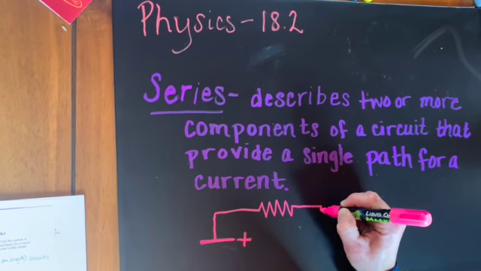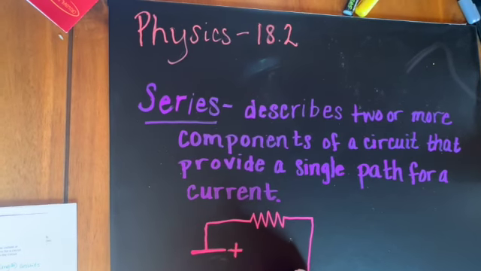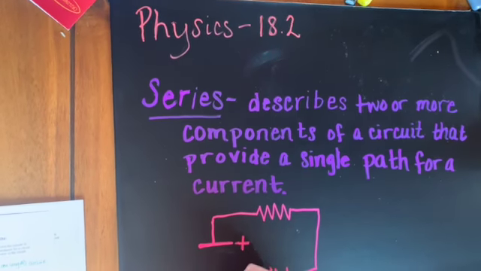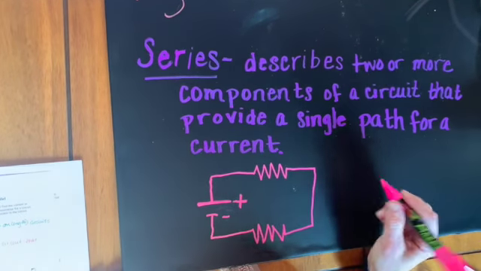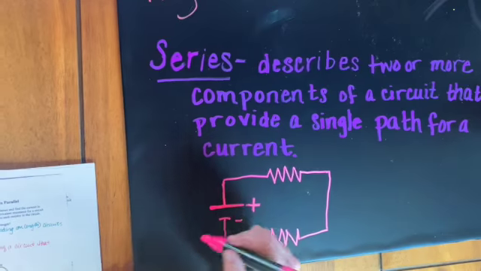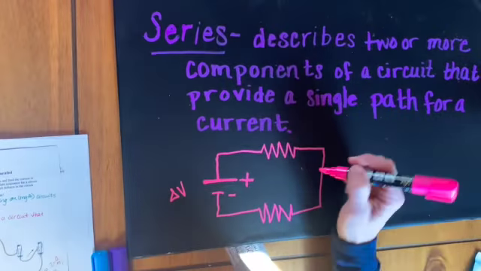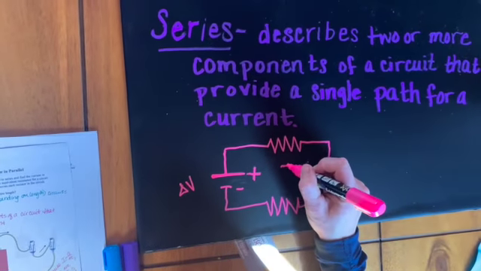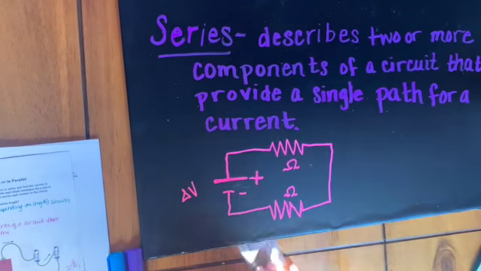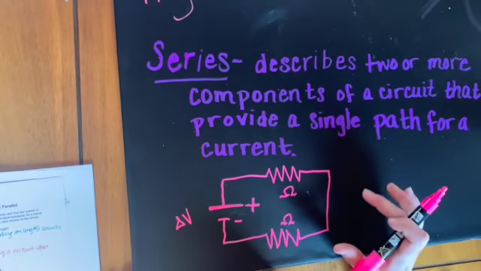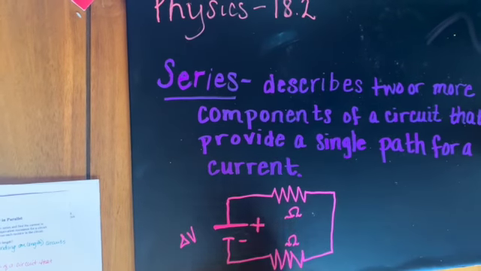And then it comes around, and we go into our second light here and it comes back around, and you have the negative terminal of your battery. If we had a voltage, we would label this with some sort of potential difference, and these resistors would be labeled in ohms, in our resistance. And that would be the diagram that corresponds to the lights that you're seeing.